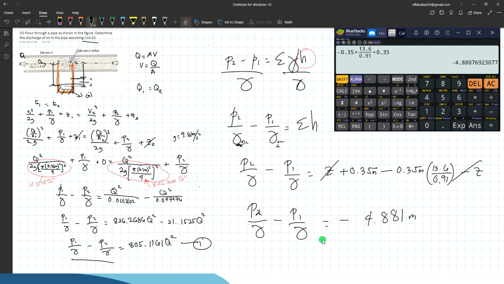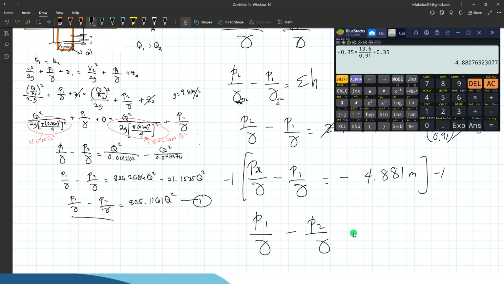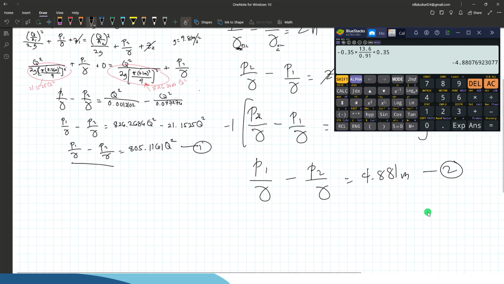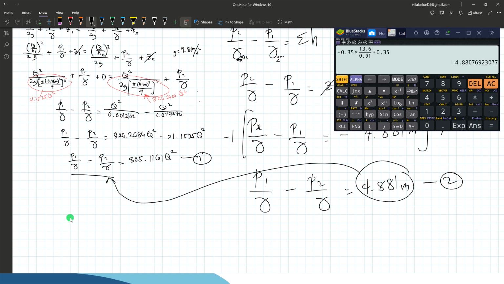So we multiply both sides by negative 1. Our equation will now be P1 over gamma minus P2 over gamma equals 4.881 meters, with the negative becoming positive. So this is equation 2. We can now equate the two, substituting P1 over gamma minus P2 over gamma by 4.881 right here.